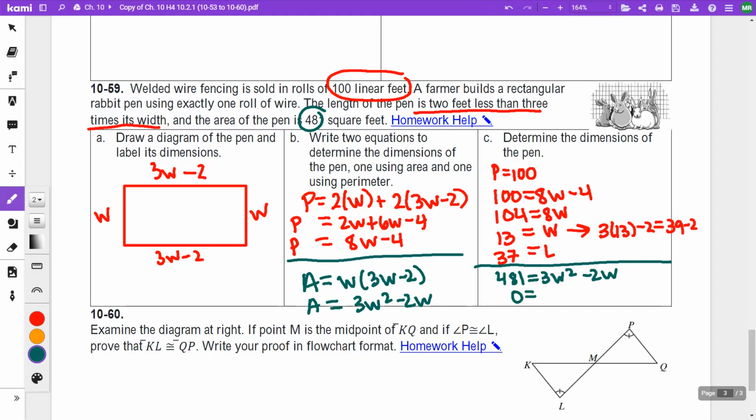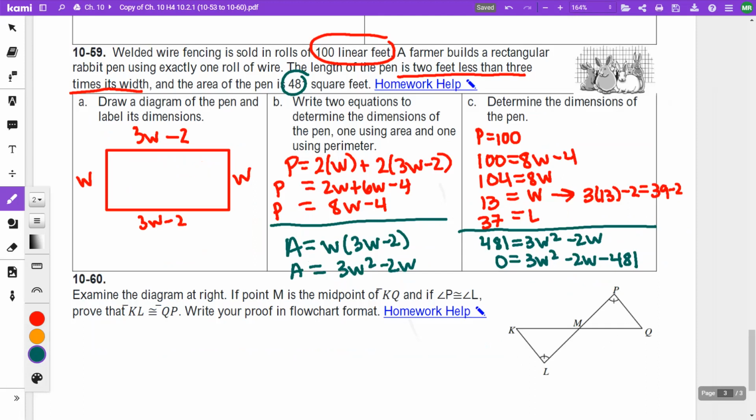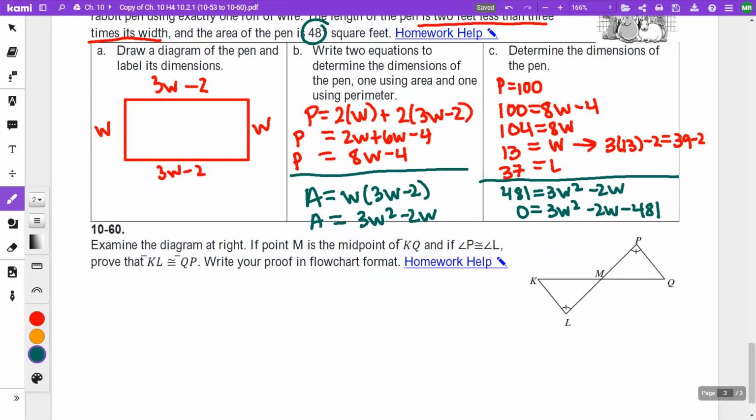So 0 is equal to 3W squared minus 2W minus 481. Now, we could try to factor this and see if it is factorable, but I'm just going to jump to quadratic formula. So I'm going to go W is equal to 2, because that's negative B, plus or minus the square root of B squared.